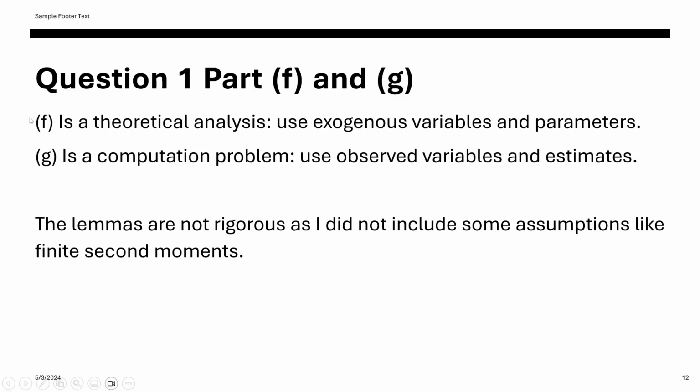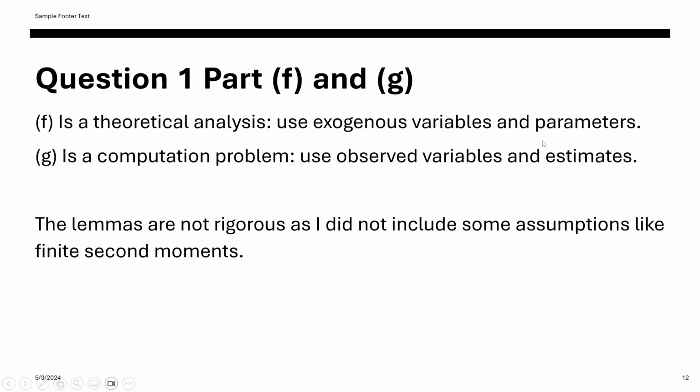So the main point here is these two questions are at different levels. F is about theoretical variance, and G is about how to compute the variance, right? As I said earlier, the theoretical analysis uses exogenous variables and parameters.